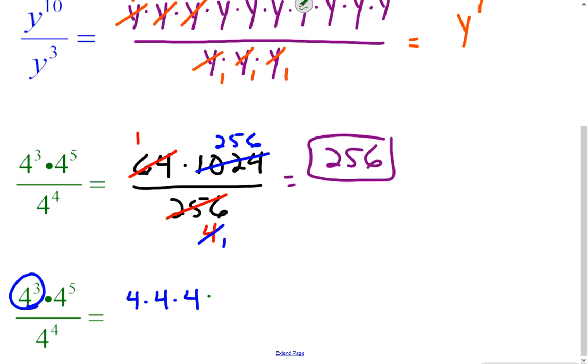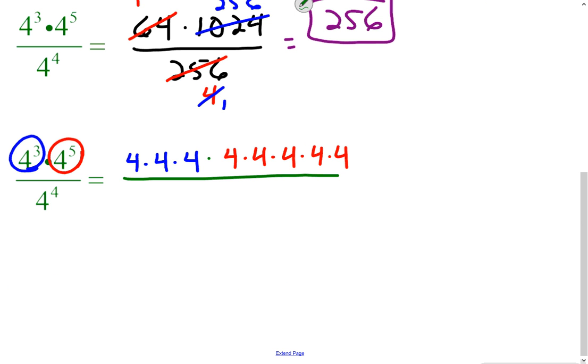And then I have to multiply that by 4 to the 5th. Well, 4 to the 5th is 5 4s. And there's 5 4s. And then we have to divide that. Let's just move that up a little bit, make it easier to see, by 4 to the 4th. So that means we have 4 4s.